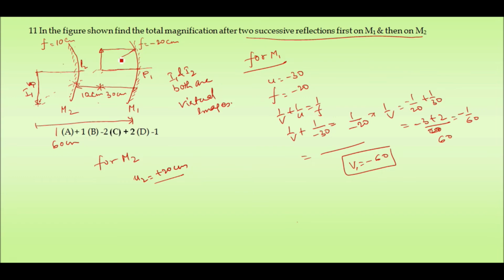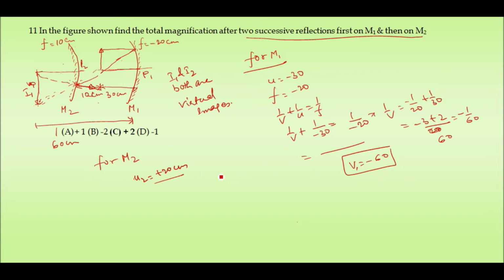So it goes here, and it must be good now. Again, as this object is placed at the center of curvature of this convex mirror, so the image is also formed at the center of curvature.